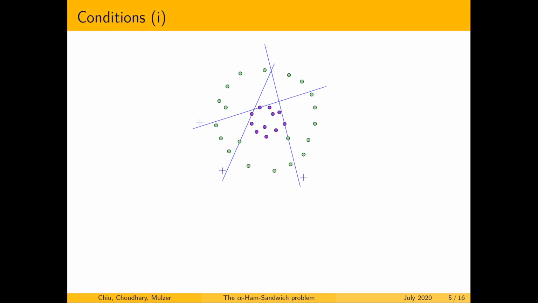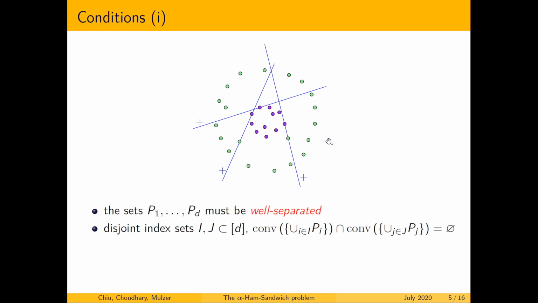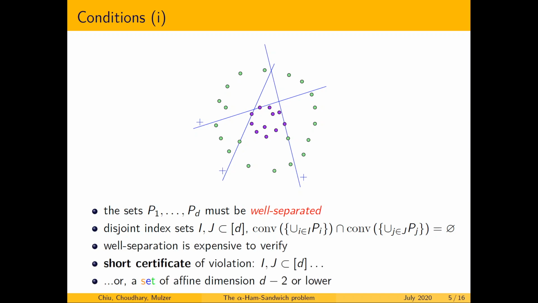Let us now look at the conditions required for this theorem to hold. As you might expect, you would like the point sets to be kind of well separated. More precisely, if we take a subset of the colors, then the points coming from those colors must be strictly separated from points of the rest of the colors. Now, this is quite expensive to verify.